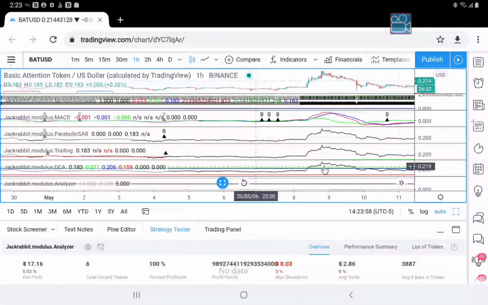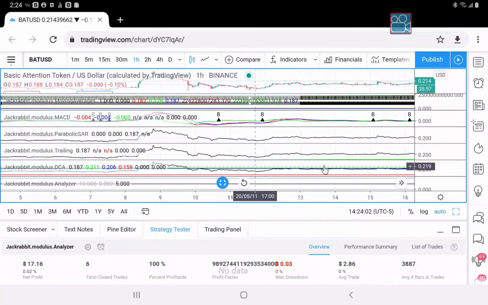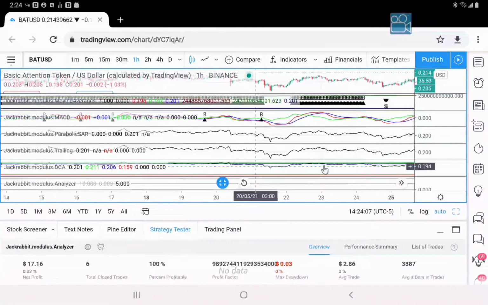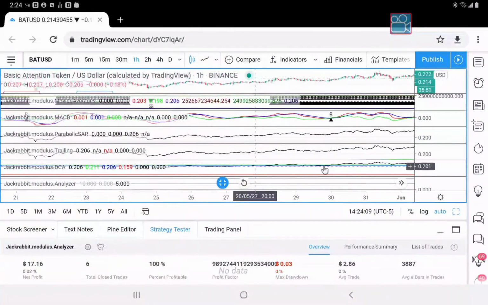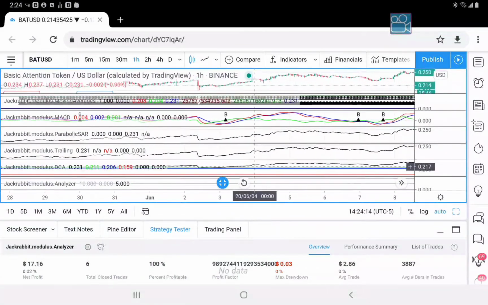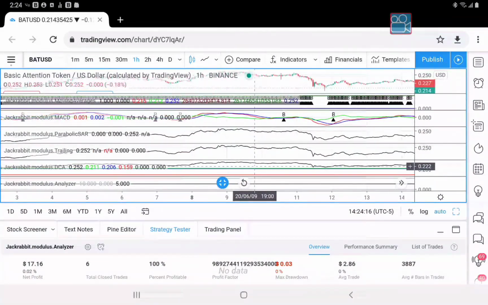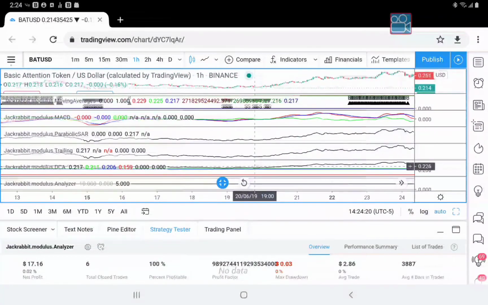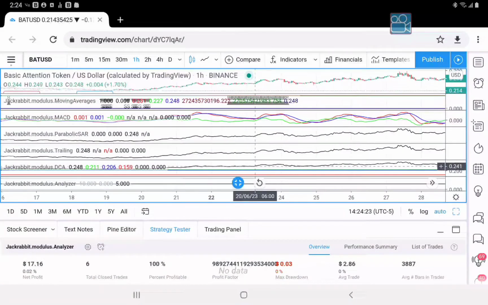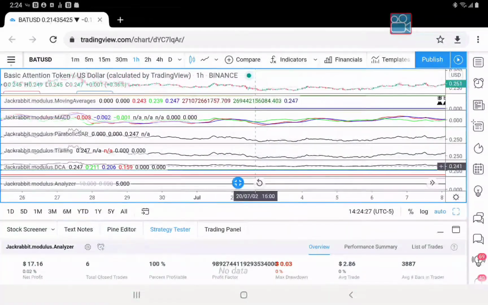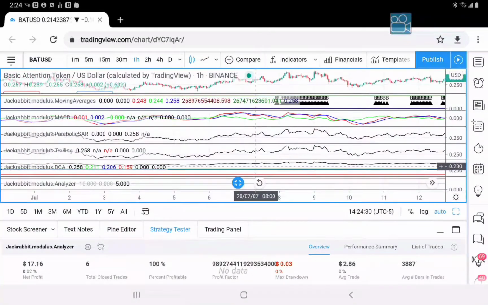Here's another opportunity for another manual sell. More opportunities for manual sells. In fact, quite a few opportunities for manual sells. It looks like it would still be holding.